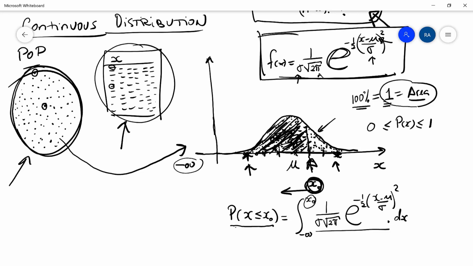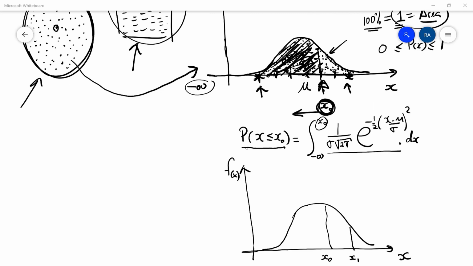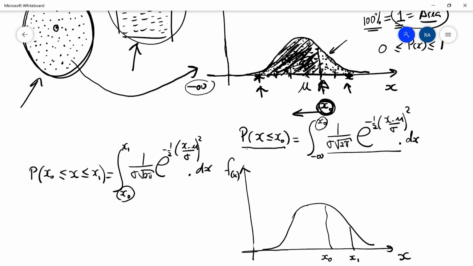Also, they can compute the probability that the random variable x takes a value between x sub 0 and x sub 1 doing this integral, between x sub 0 and x sub 1. Then they obtain the area under the curve between x sub 0 and x sub 1. That is the area, and we divide this area by 1, and that is the probability that this random variable takes a value between x sub 0 and x sub 1.